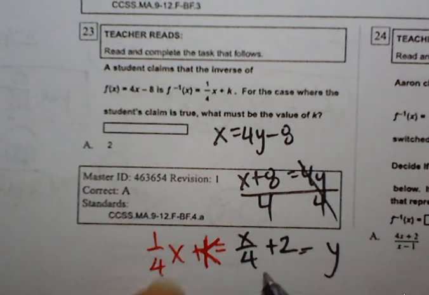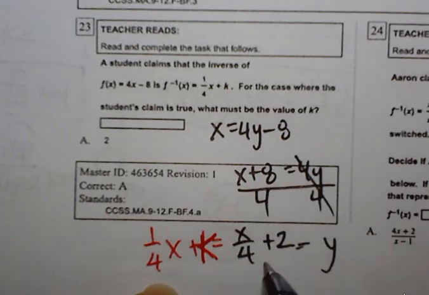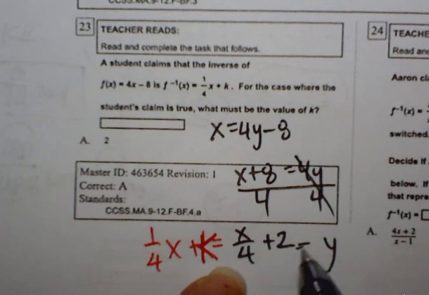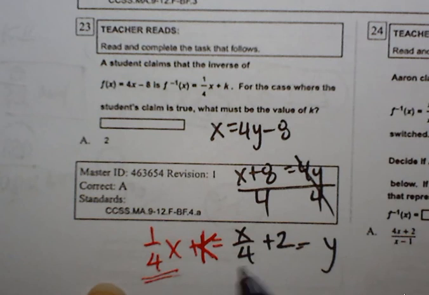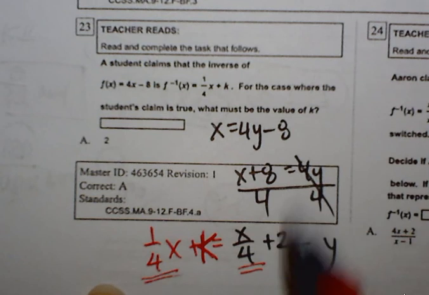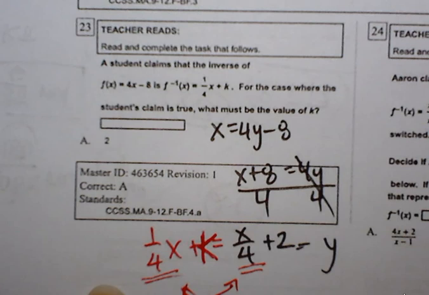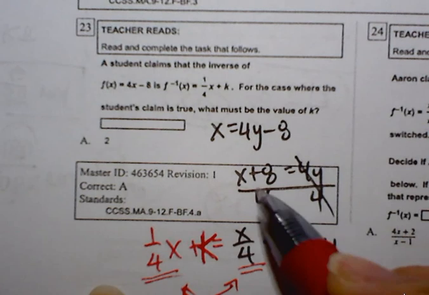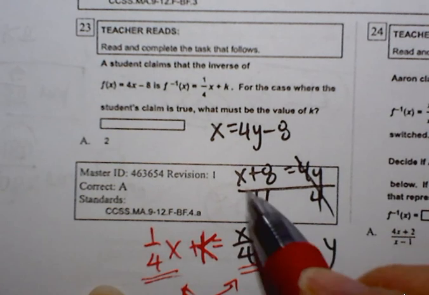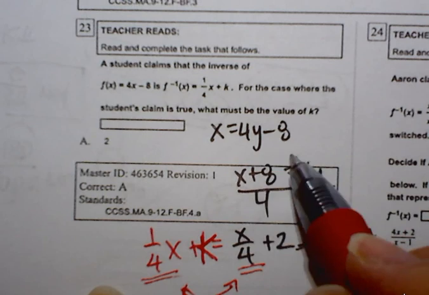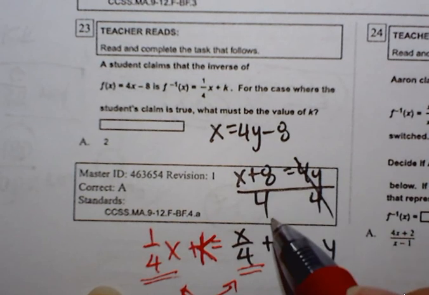Yeah. So what does the k have to be? 2. Okay? You have to recognize that this is the same thing. Oh, where did I get the 2 from? Because if I divide x by 4, it's 1/4 x. If I divide 8 by 4, right? So basically what I did is I divided by 4 on both sides, and so you have to distribute that to both. Okay?